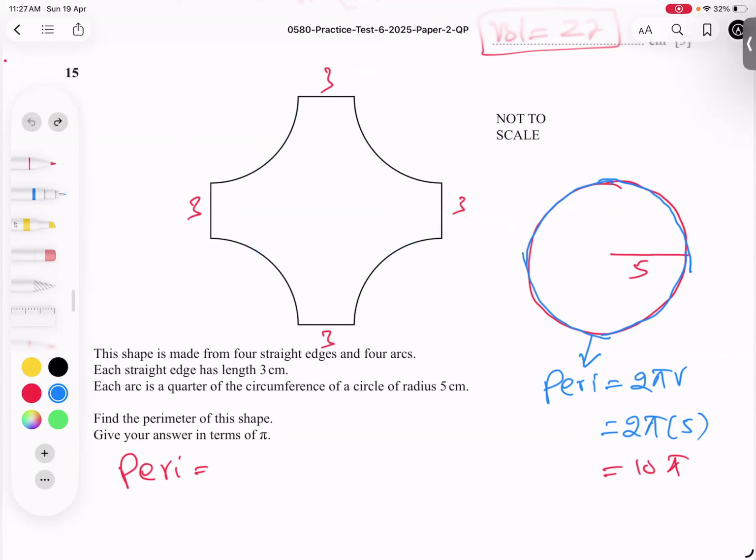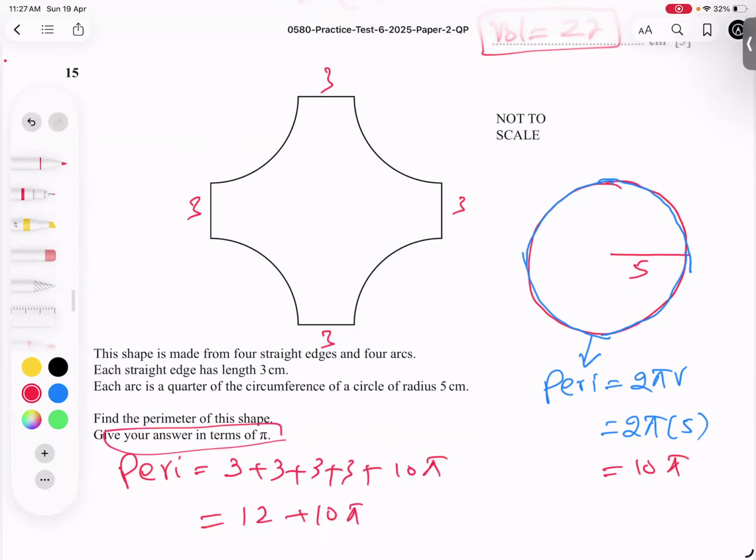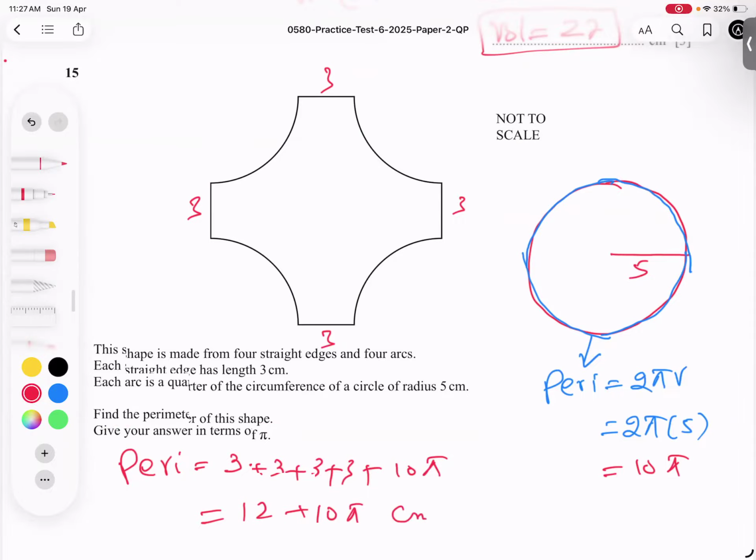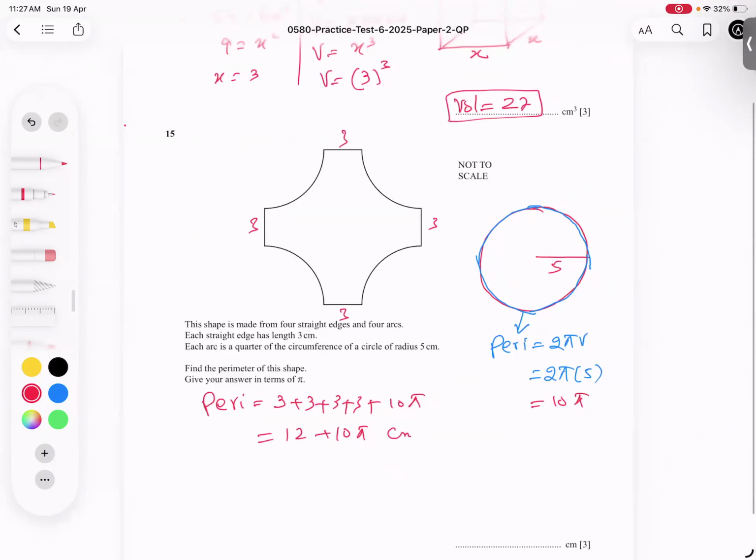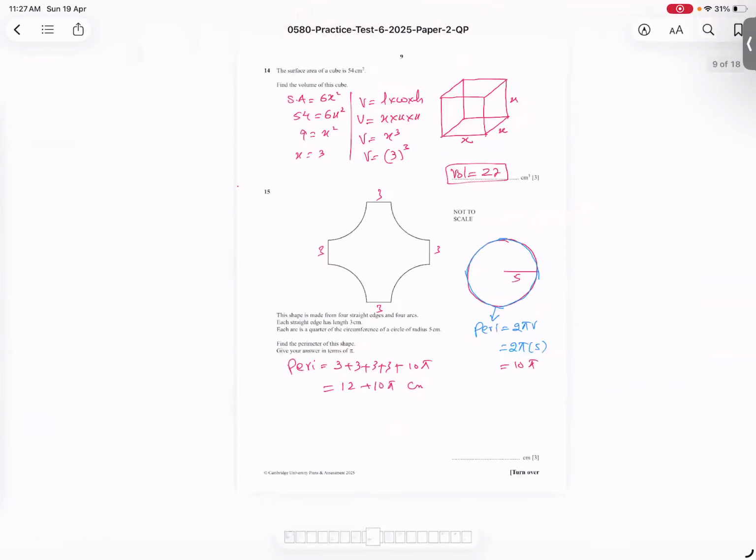So I'm writing perimeter, 3 plus 3 plus 3 plus 3. 3 fours are 12. And the other part coming from here is 10 pi, and we have to leave it as it is because he said in terms of pi. I think the idea is very clear. I must write centimeter beside it. Let me check, the radius is correct. Okay, I think the point is very clear.